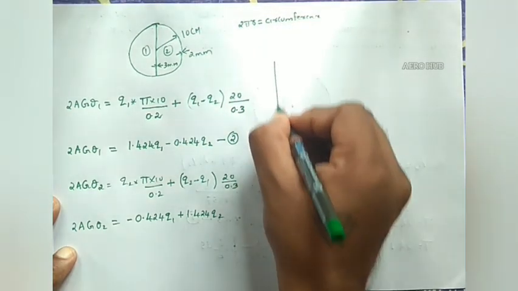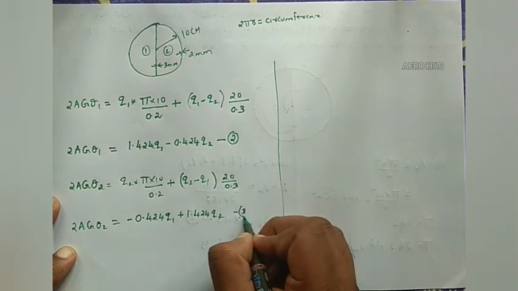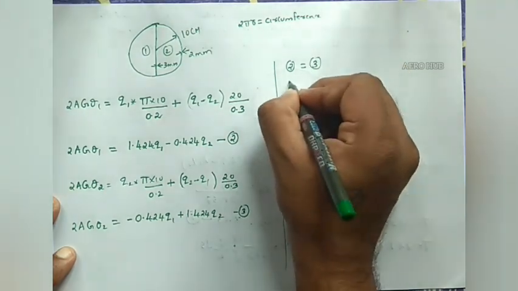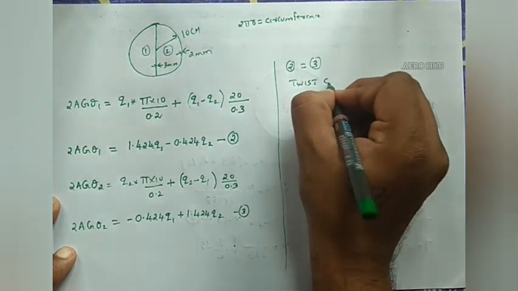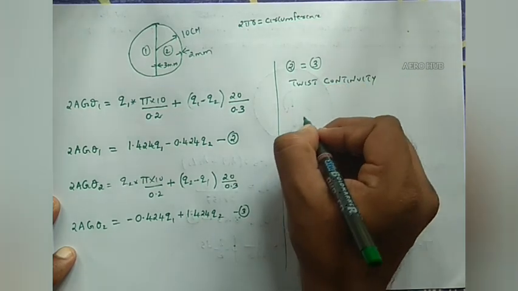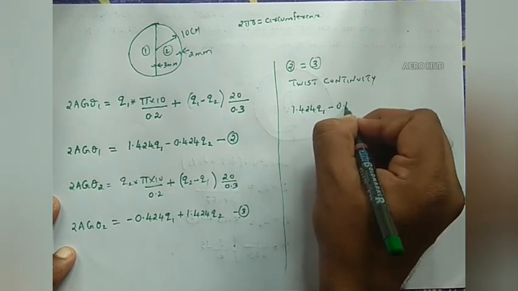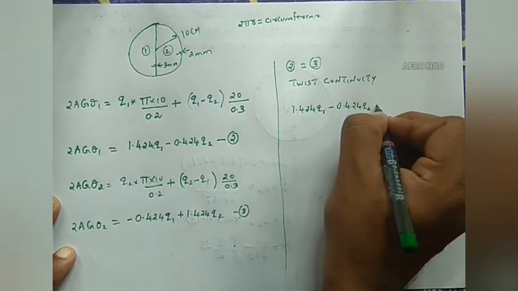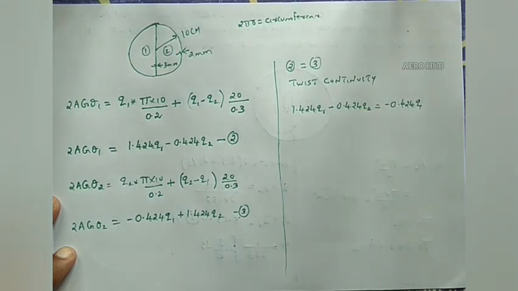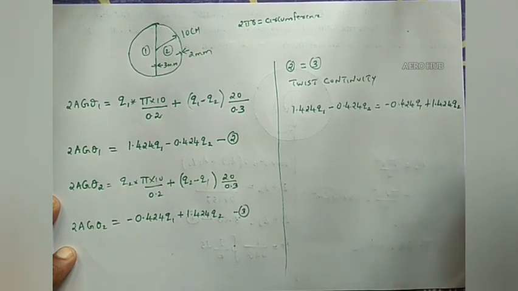Okay, and we have to understand equation number 3, that is equation 2 will be equal to equation 3 for twist continuity. Okay, so I can write 1.424 Q1 minus 0.424 Q2 is equal to minus 0.424 Q1 plus 1.424 Q2.